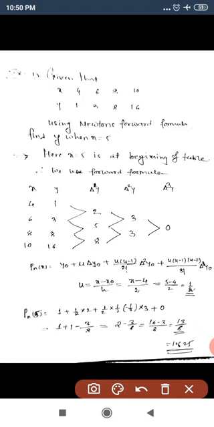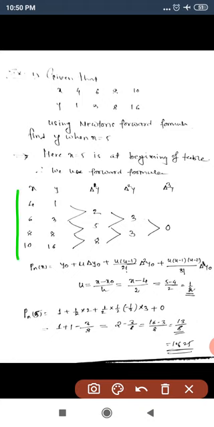Now first, draw the difference table. So x values x0, x1, x2, x3, y values y0, y1, y2, y3.